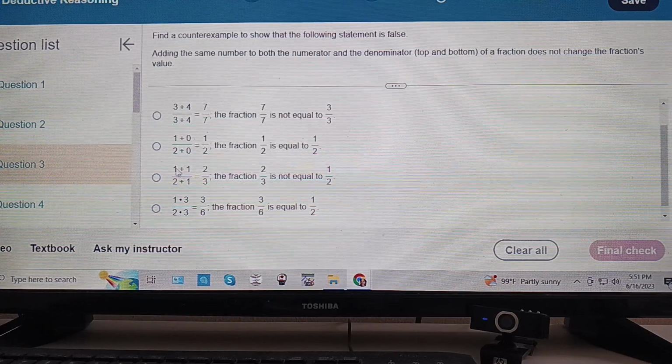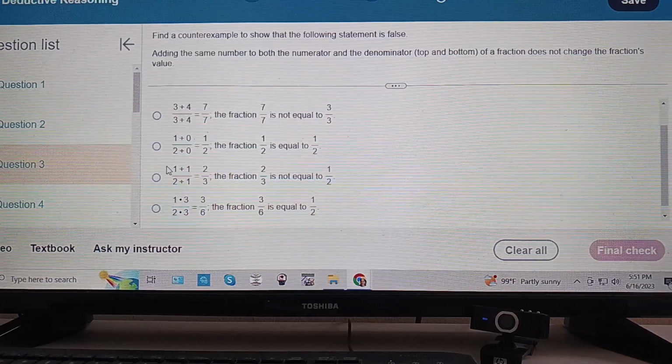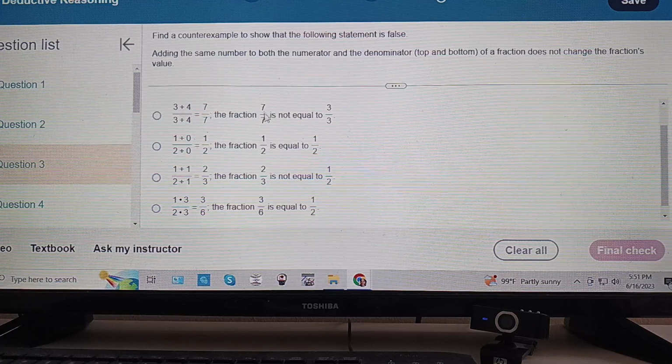And the original fraction would be the 2 numbers at the far left. So in this example, the original fraction was 3 over 3. They added 4 to both the top and bottom, and they got 7 over 7. And they're trying to say this is an example that shows the statement's false because 7 over 7 is not equal to 3 over 3.